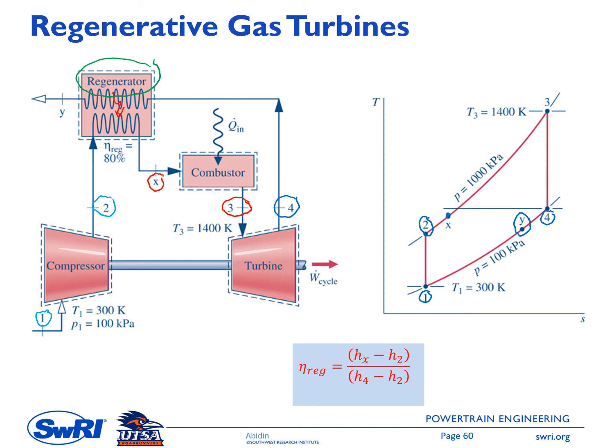So Ty is lower than T4. And usually it is assumed that the process inside the regenerator doesn't have a pressure drop, therefore Px equal to P2 as well as P4 equal to Py.